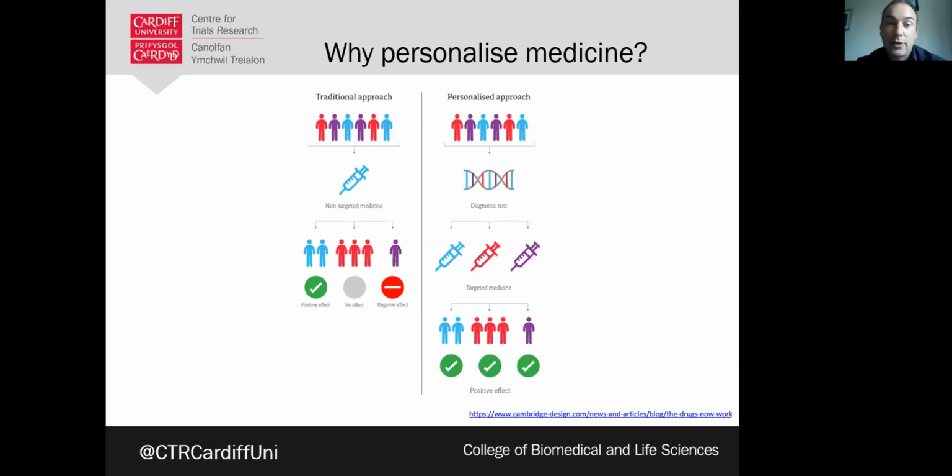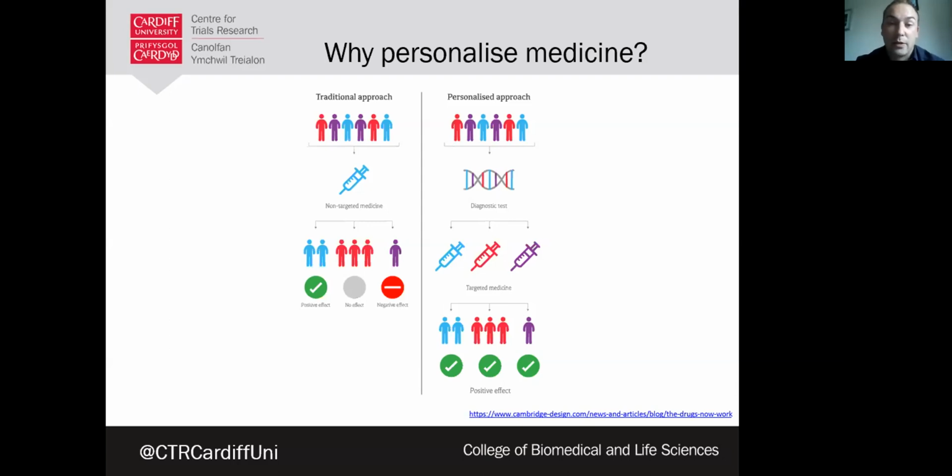So in this illustration, the red people get the red syringe, the blue people get the blue syringe, and the purple people get the purple syringe. And then we hope that everyone has a positive outcome. At least that's the dream.